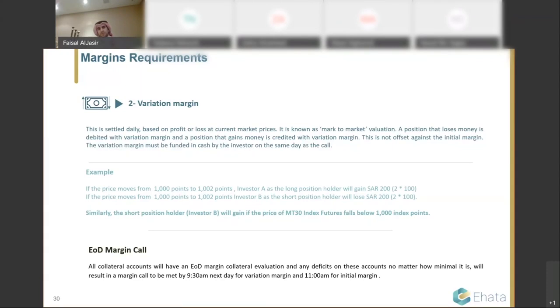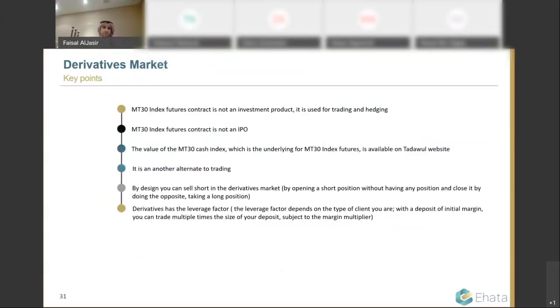Any investor or trader, whether a speculator, a hedger, or an arbitrager, jumping into this market needs to understand the concept of margins and how these margins happen, and what the effect is on his actual cash management and cash position. So, key points.